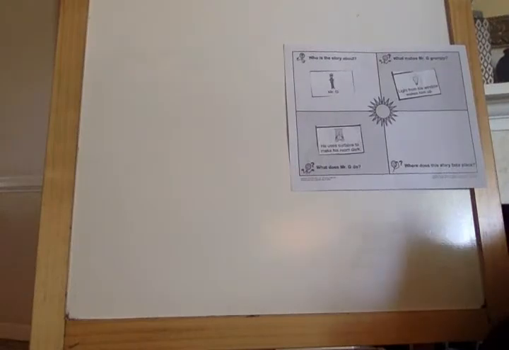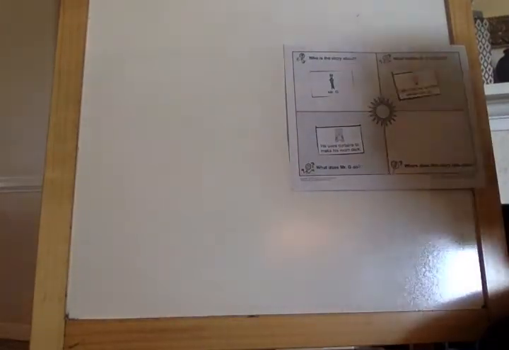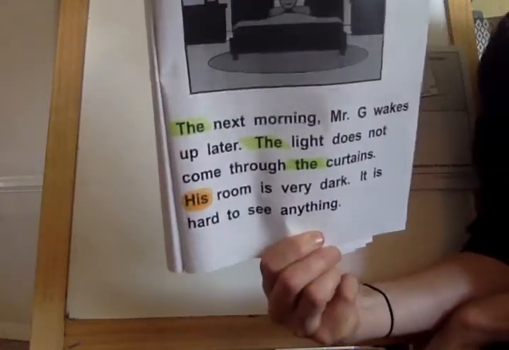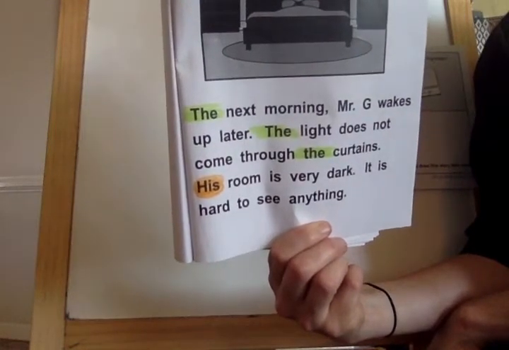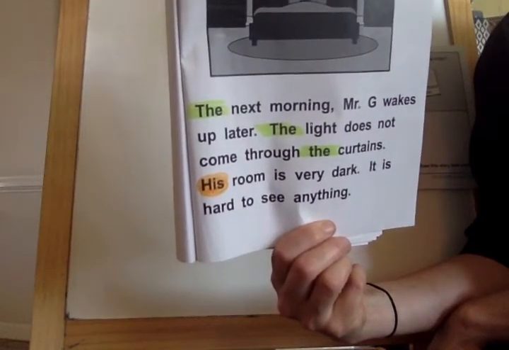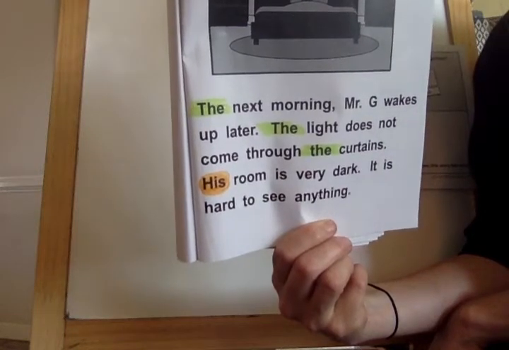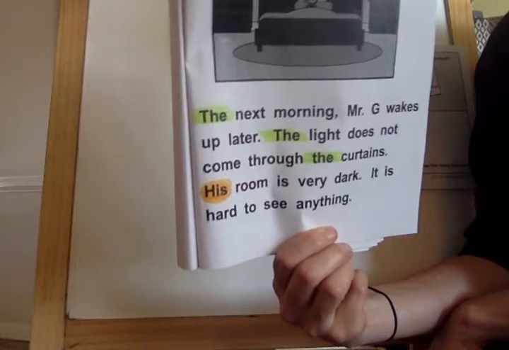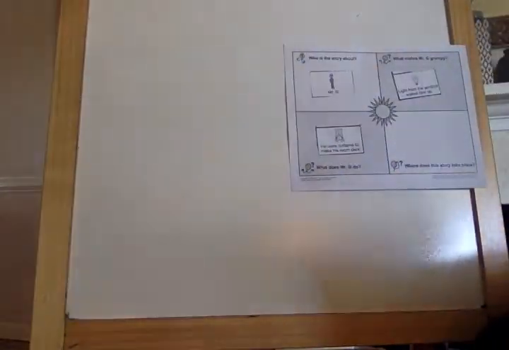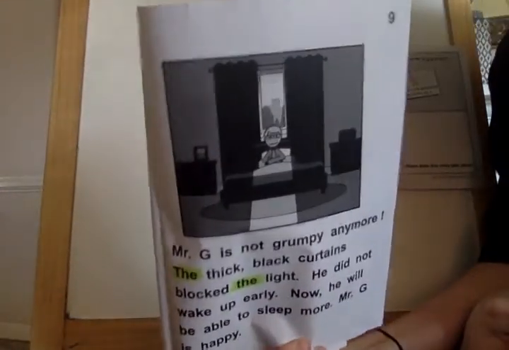Find page 8. The next morning, Mr. G wakes up later. The light does not come through the curtains. Yay! His room is very dark. It is hard to see anything. He solved his problem. Fantastic job. Page 9.